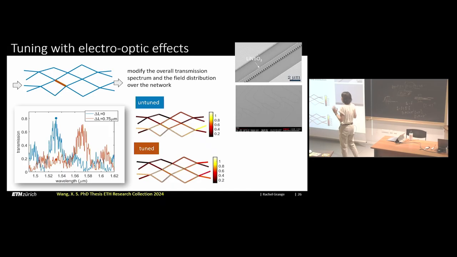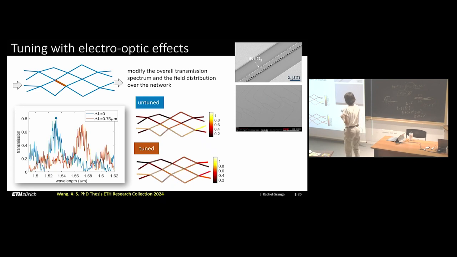Therefore, we could do at most 20 nodes or so. And what we are modifying here, as you were asking, is the optical path length of a few edges by applying an electric field and trying to shift the optical path length just by applying this electro-optic effect, since we were doing all this on a thin-film lithium niobate platform.